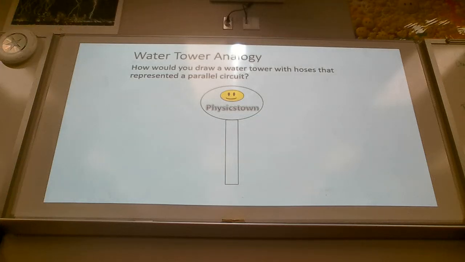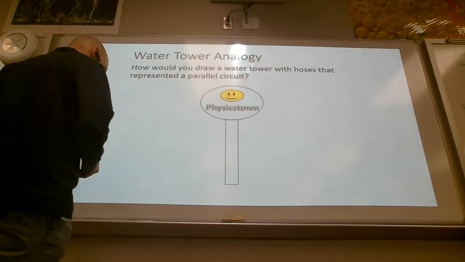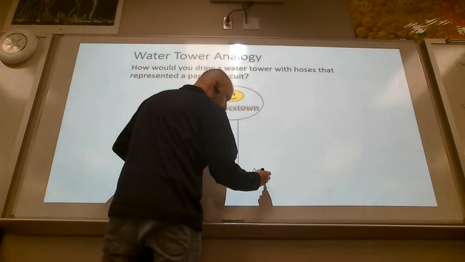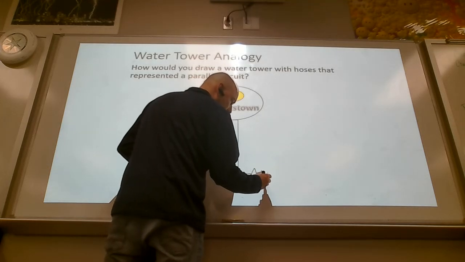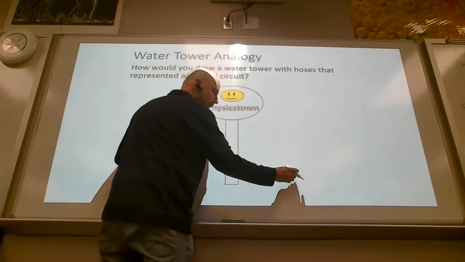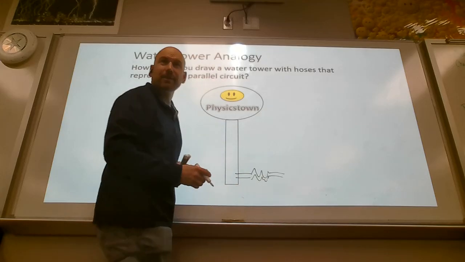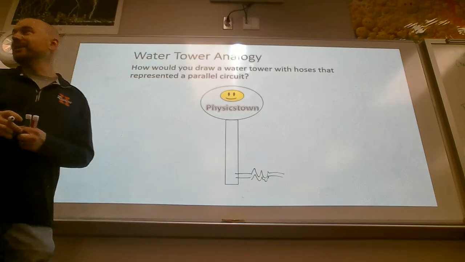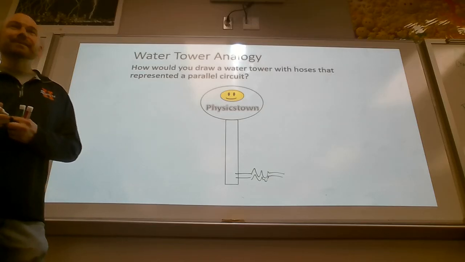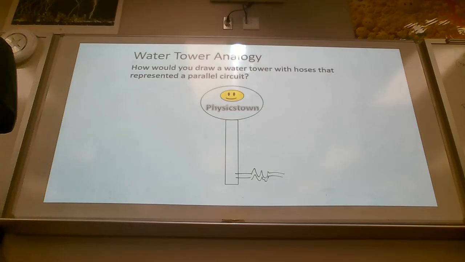Okay. So, in my water tower analogy, kink with a hose. If I would add another kink here, that would be adding a resistor in series. How would I draw another resistor in parallel with this analogy?